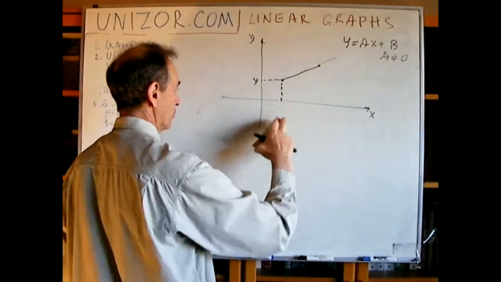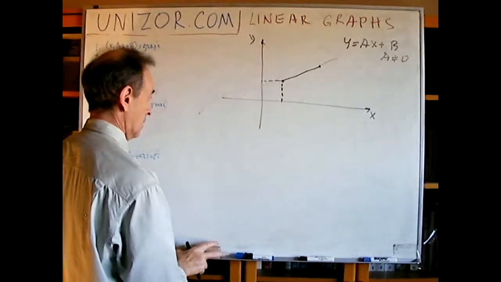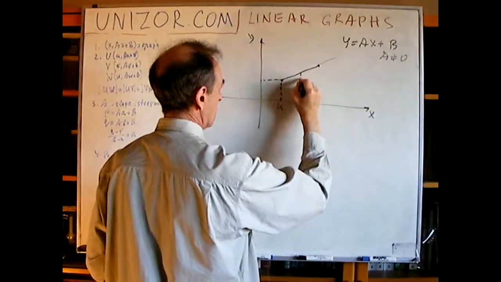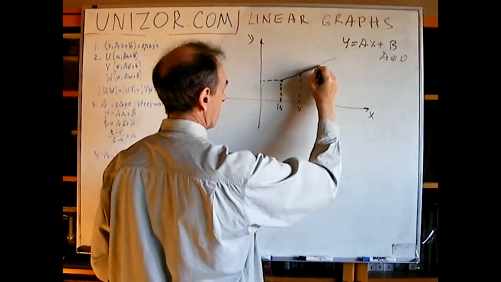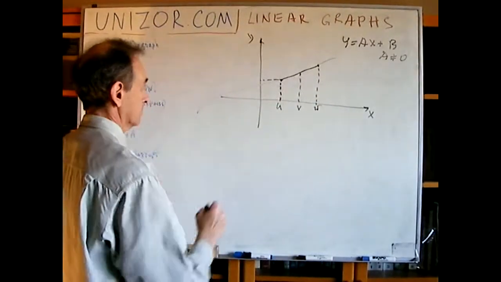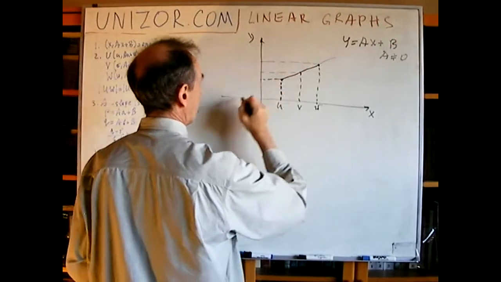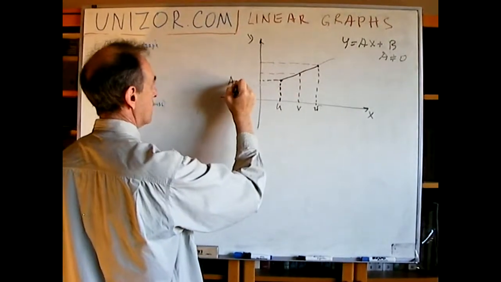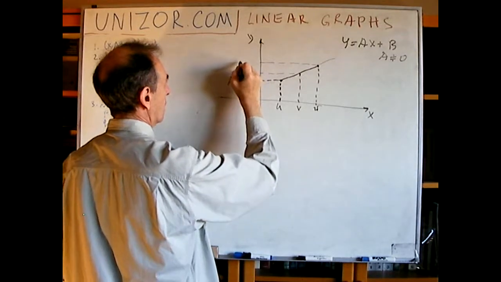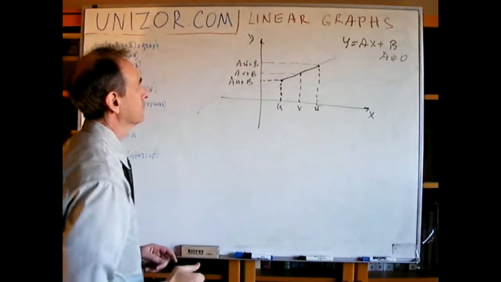Let's call them u, v, these are arguments, and w. These are values. This is au plus b, this is av plus b, and this is aw plus b, right?